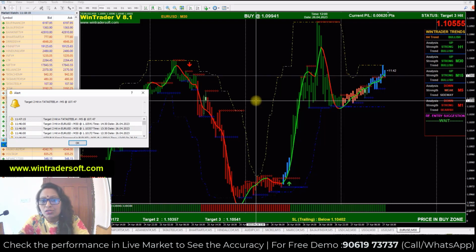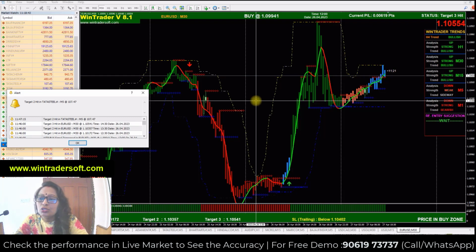We will install our MT4 software in your system. By checking the signal confirmation, you can open your MT5 platform and execute the trade there. If you have the MT4 platform, then we can directly configure it.